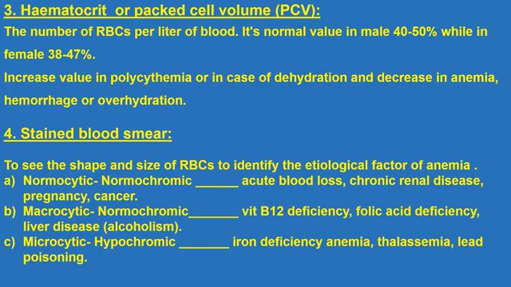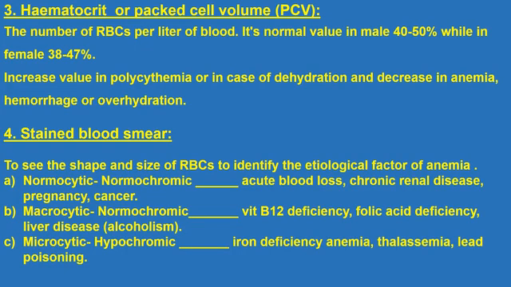4. Stained blood smear. Sometimes when there is anemia and we need to identify the etiological factor of the anemia, we use the stained blood smear. By observing the shape and size of RBC, we can know the causative factor.